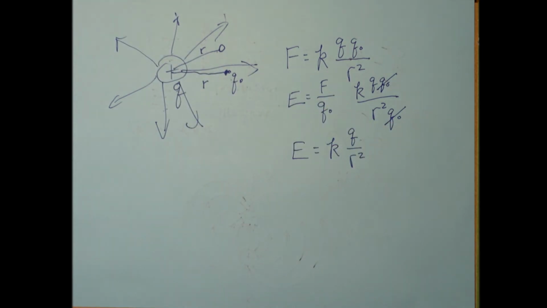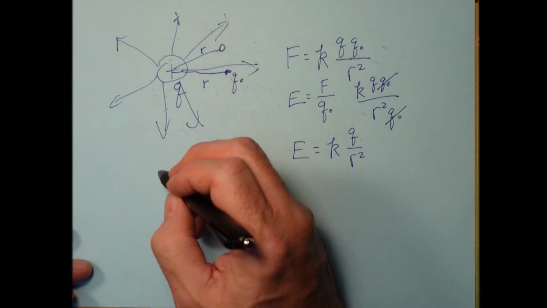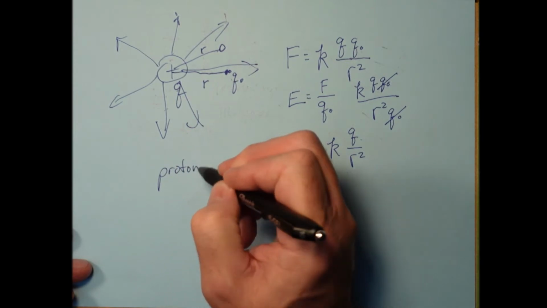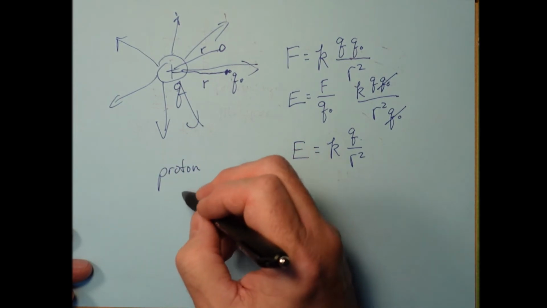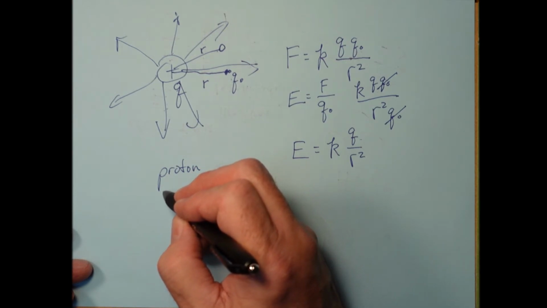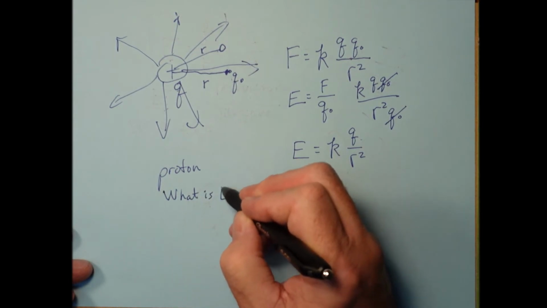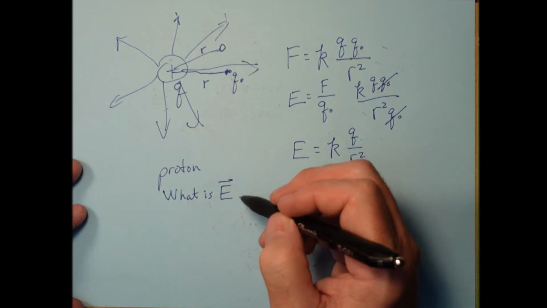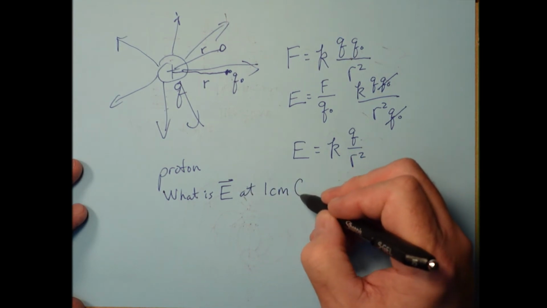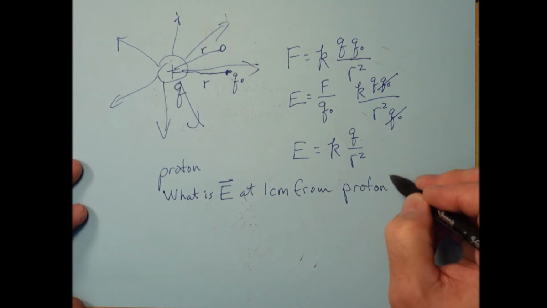So let's work a very brief example then. Let's say that we've got, let's pick a proton. Okay, and we want to know what is the magnitude and direction of the electric field at 1 centimeter from the proton?